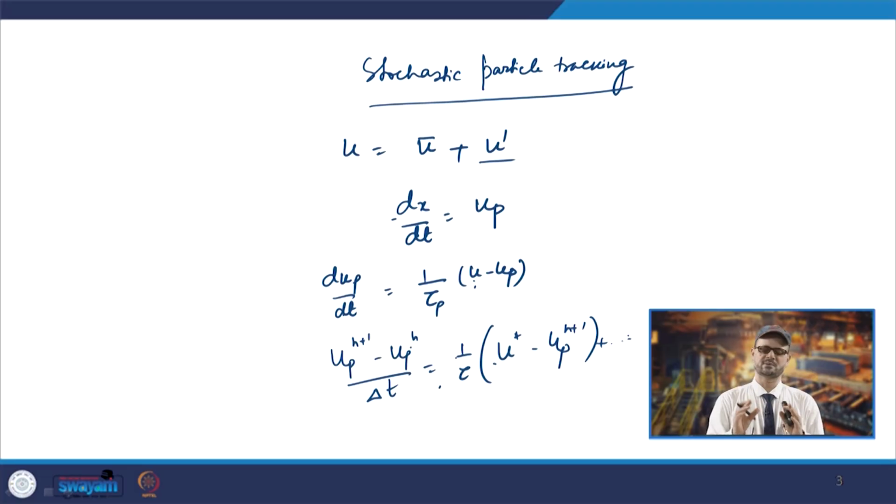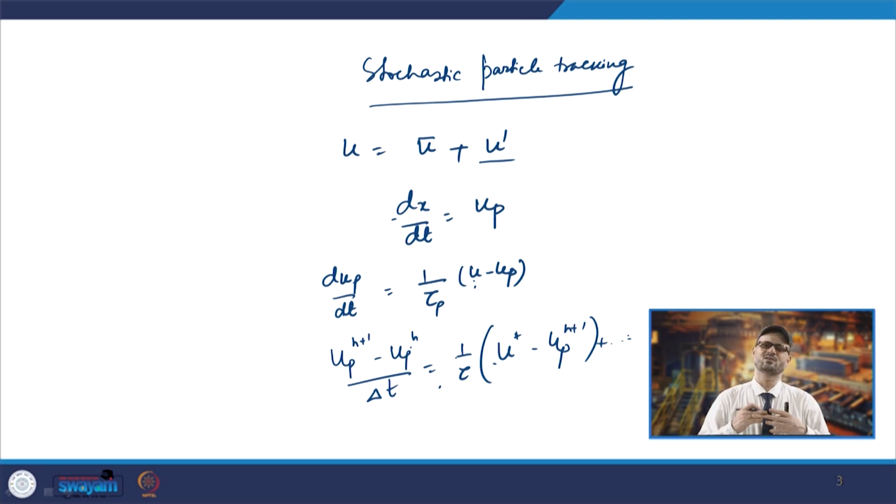This is the normal way of solving the equations. Your ultimate aim is to have the position, so you must know how this x value is calculated once you know up. That is by integration of this equation.